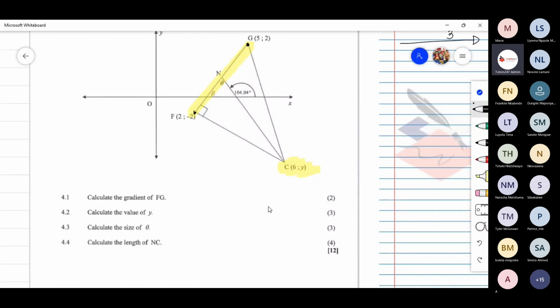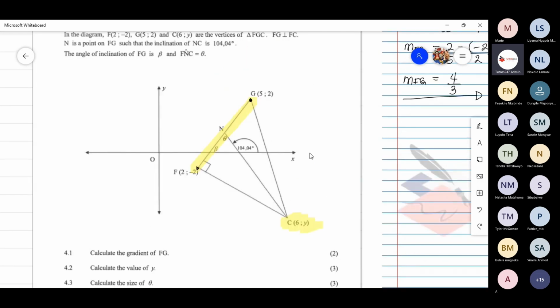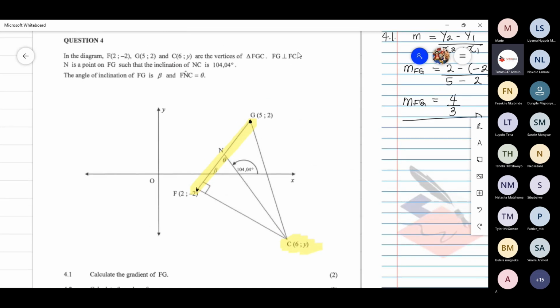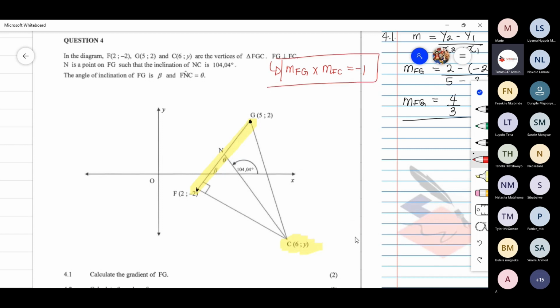Let us see, how can we find the value y? Something important to take note of, if you remember from the information given above, they stated that FG is perpendicular to FC. So what does that mean? It means that the gradient of FG times the gradient of FC is equal to -1 because those two lines are perpendicular to one another.